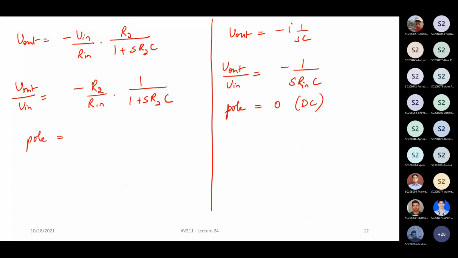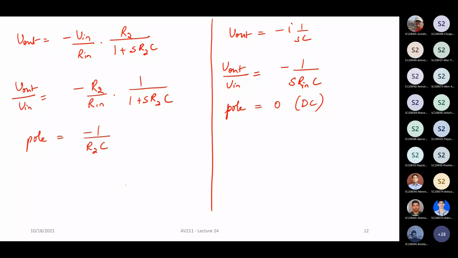So at 1 by CR2. Right, you set the denominator to 0, you get S equal to minus 1 by R2 times C. Right? Now, by adding this resistor R2, what we have done is that the pole has shifted from 0 to a slightly higher value.